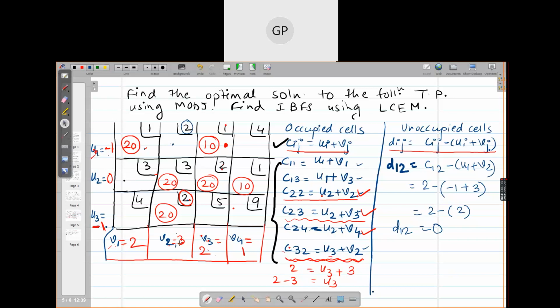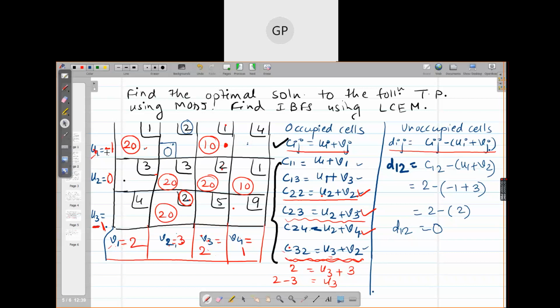What is the answer? 2. And subtract this addition from the cost. Do you understand what I'm saying? So what is the answer here? It is 0.